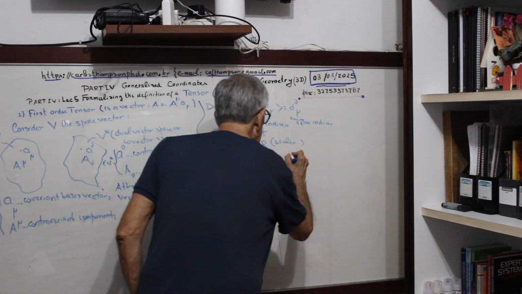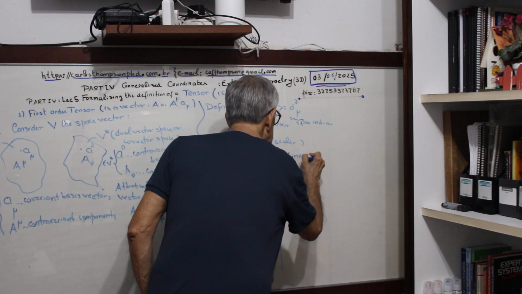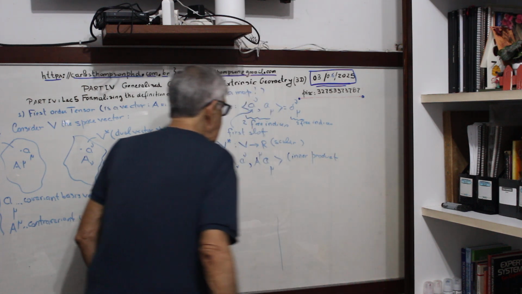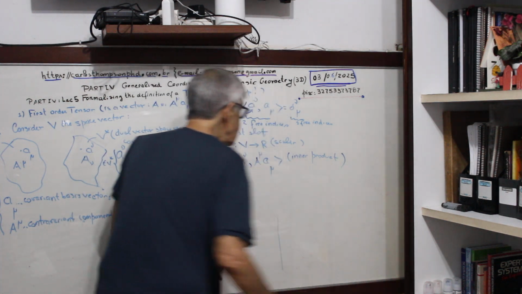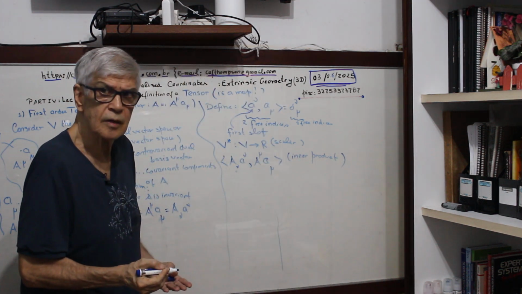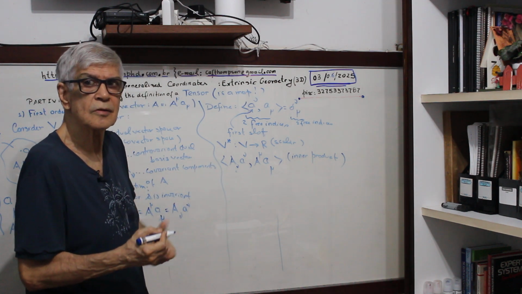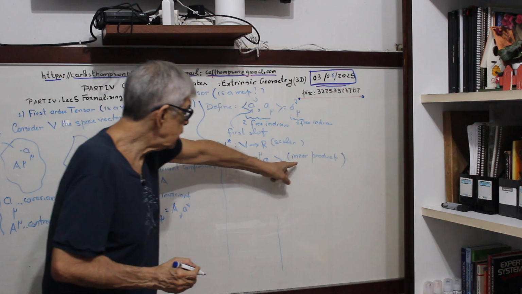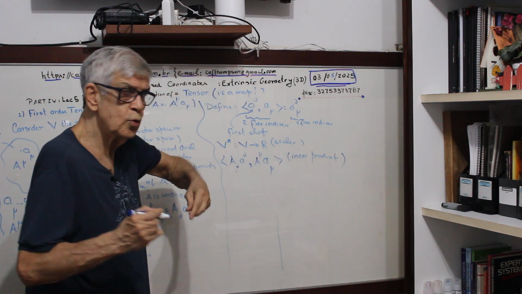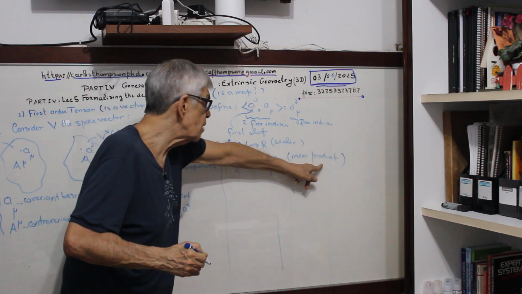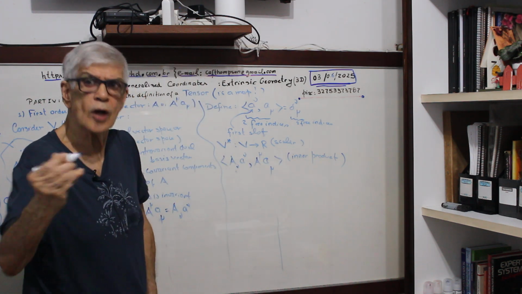This is called the inner product. When you deal with vectors, you can substitute the inner product by the dot product.